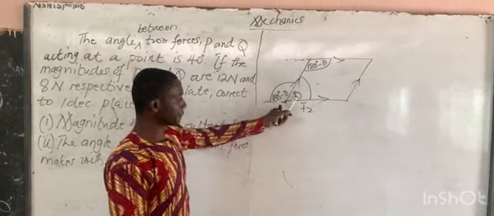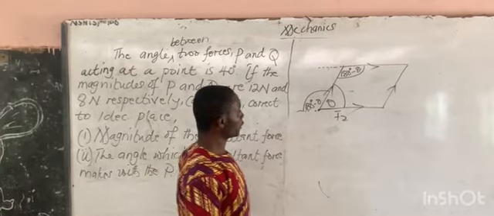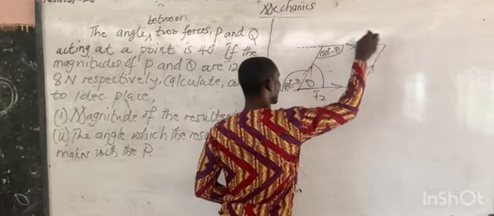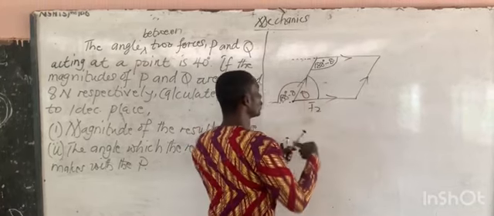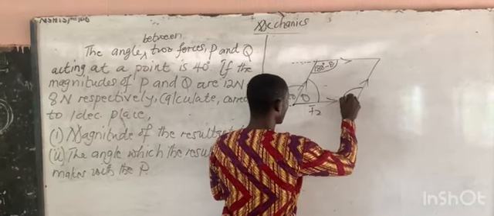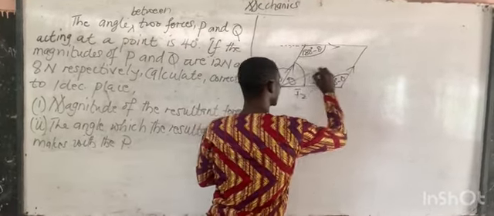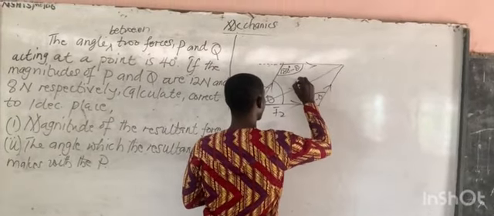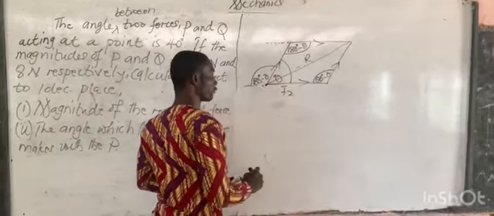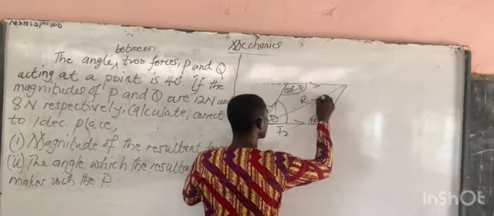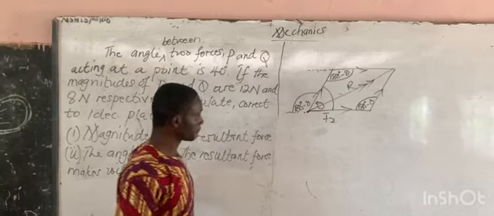So if here is theta, and it is a parallelogram, it means here is also theta, and here will be 180 degrees minus theta. And this is the diagonal, the resultant force R, because this force is moving this direction and this force will close it.